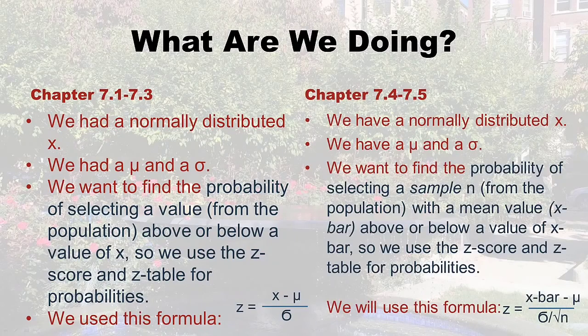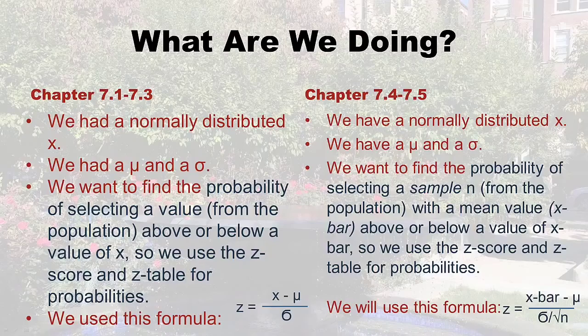So here's what's different now. The first thing has not changed. We're still talking about normally distributed x's, and a population where we have a mu and a population standard deviation. But now we're not just grabbing one x from that population. We're grabbing a sample, and because we're grabbing a sample, we have to pick an n. The n's going to be different each time. How do we boil that sample down to one number?